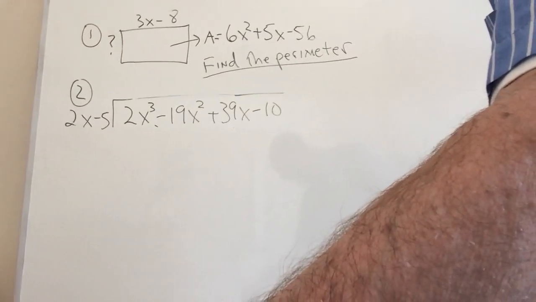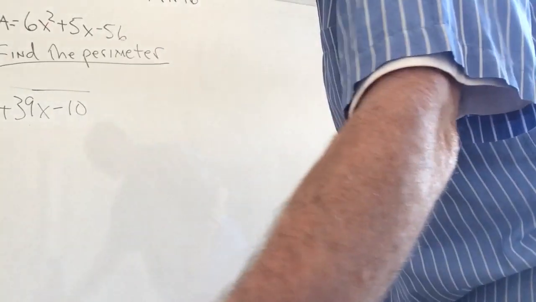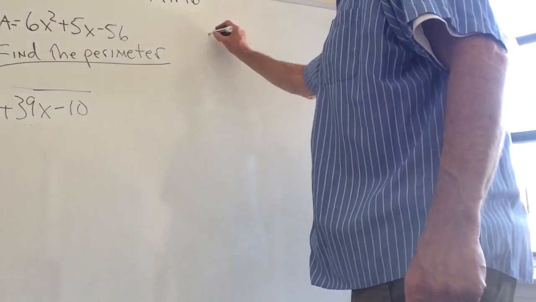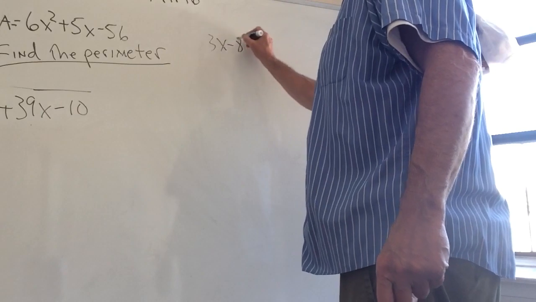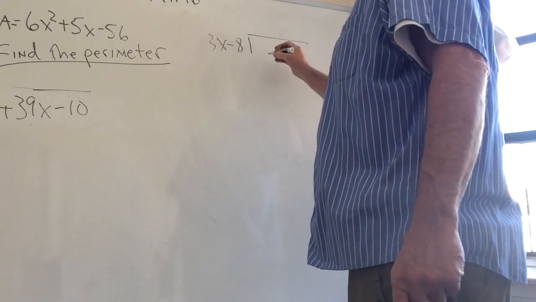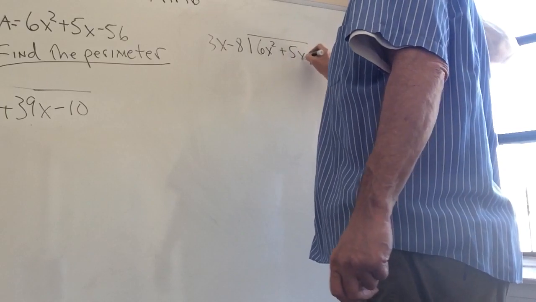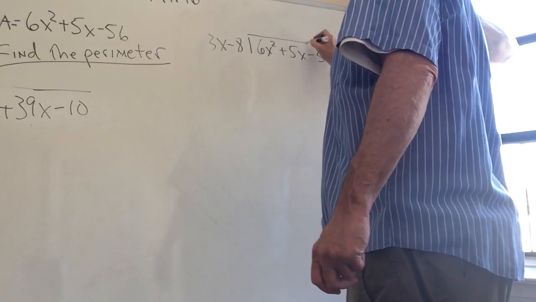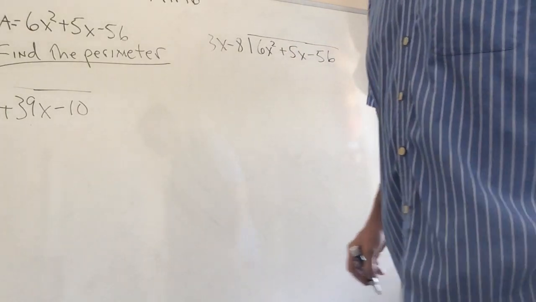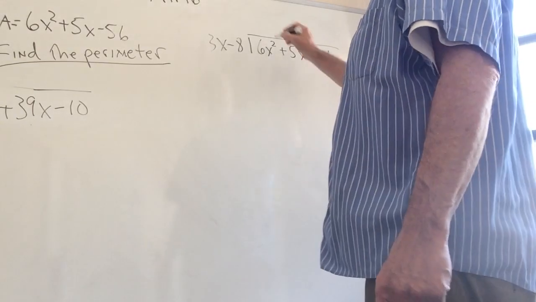Okay, so now I'm over on the side here, and I'm solving this problem. It's been explained how I came up with 3x minus 8 divided into 6x squared plus 5x minus 56. And we demand in this problem that there be no remainder, as has been discussed before.